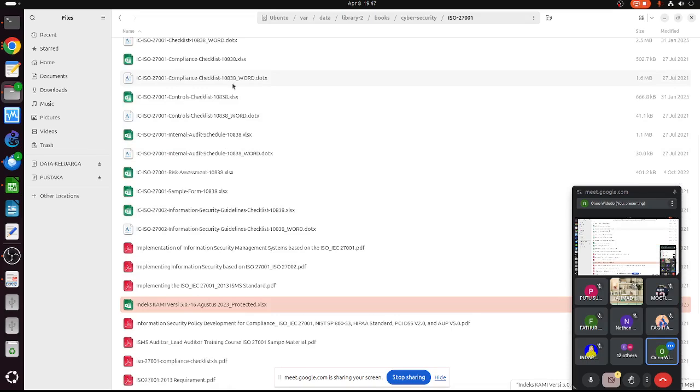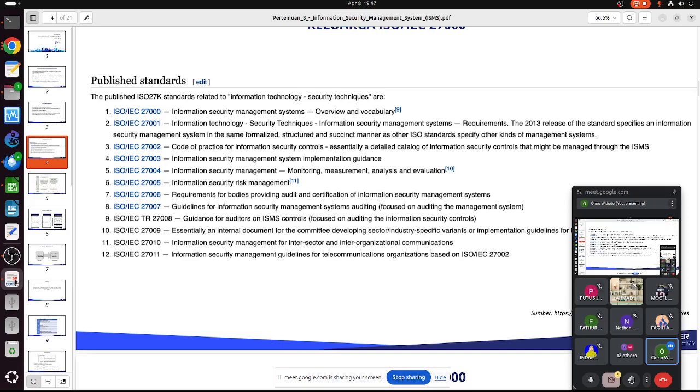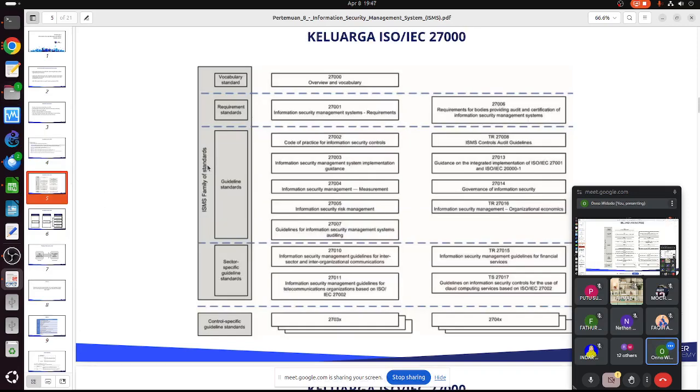So we have templates and we have books, guidance, handbooks to fill these things. The problem is we have to spend some time to read these things. So I will give you some overview of these things, so hopefully it will minimize your time to understand these things.